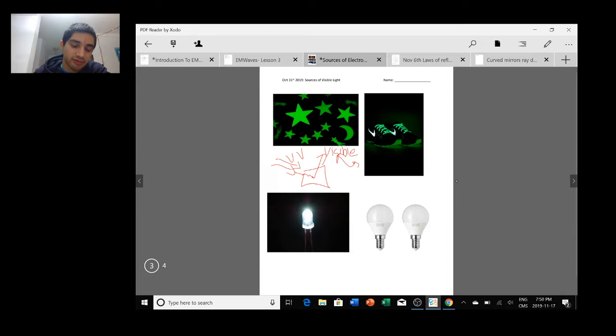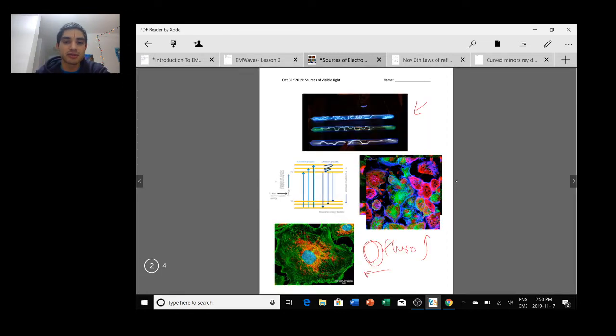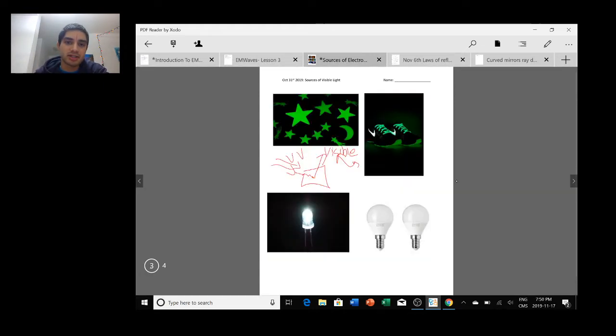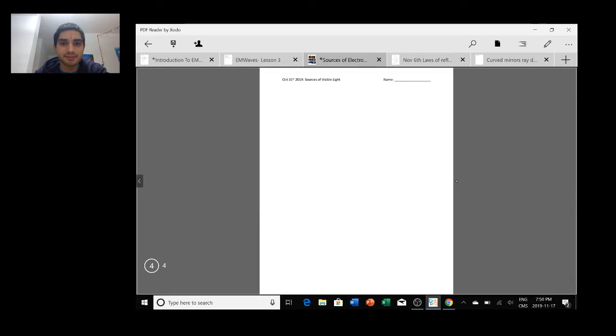The difference between fluorescence and phosphorescence is that fluorescence is instantaneous. As soon as it absorbs the UV light, it releases the visible light, and that's very quick, and the visible light doesn't last for a long time. Phosphorescence, like these glow-in-the-dark stars, tends to last much longer, like halfway through the night, for example. They release visible light much more slowly and for a much longer time.